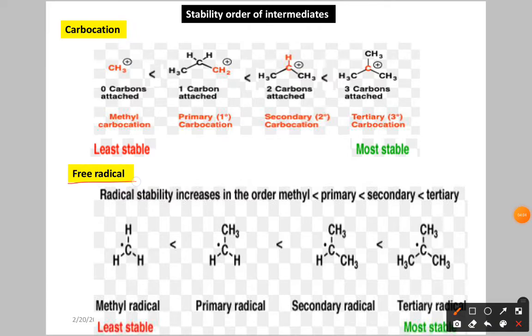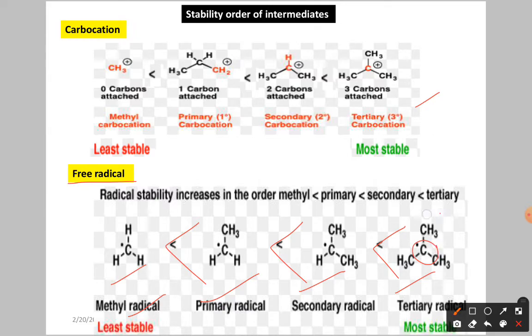Now in the case of free radicals, we have methyl free radical, primary, secondary, and tertiary free radical. Same as carbocation, here also tertiary free radical is most stable, then secondary, then primary, and least stable is the methyl free radical. Again why? Because we have only one unpaired electron, so again it is electron deficient.